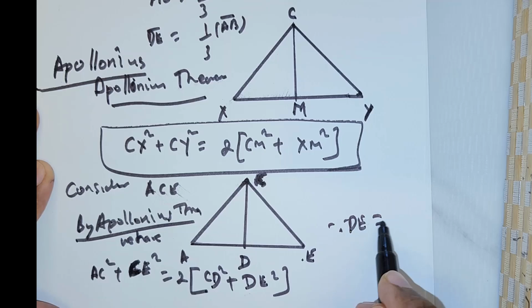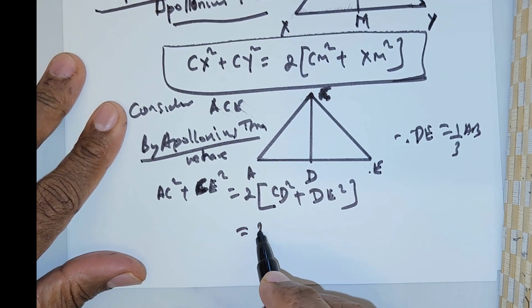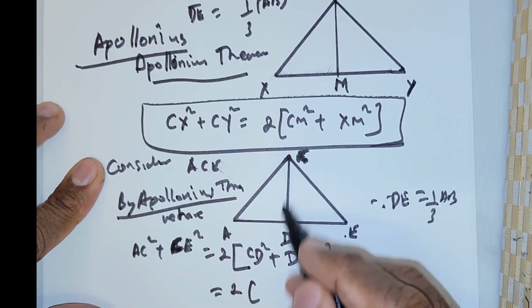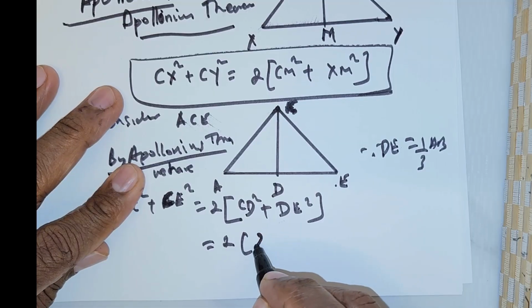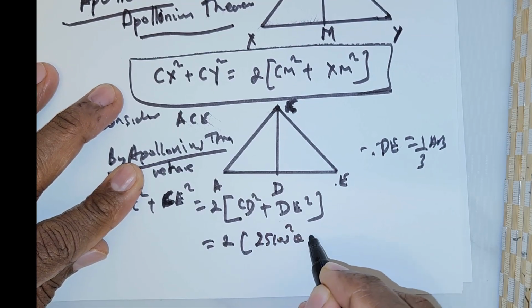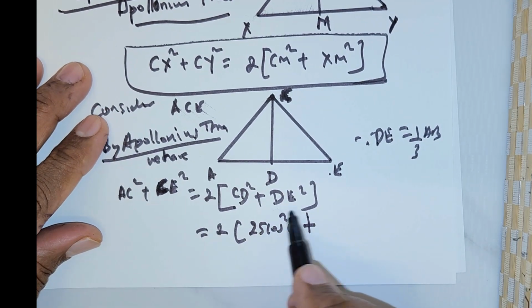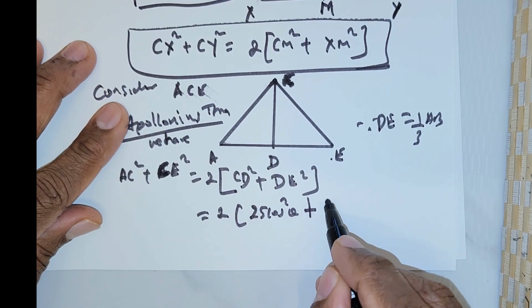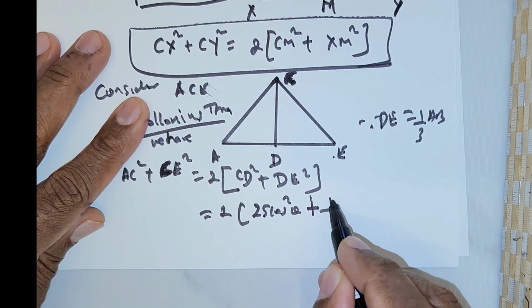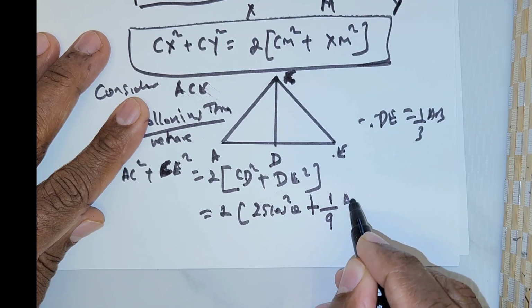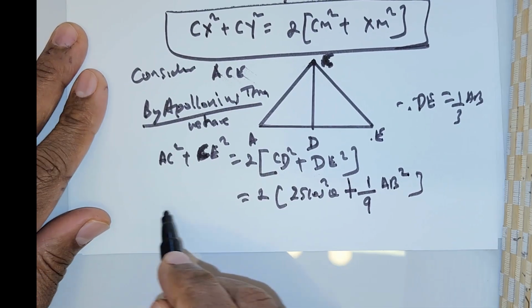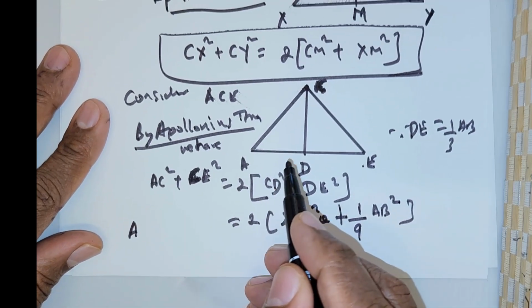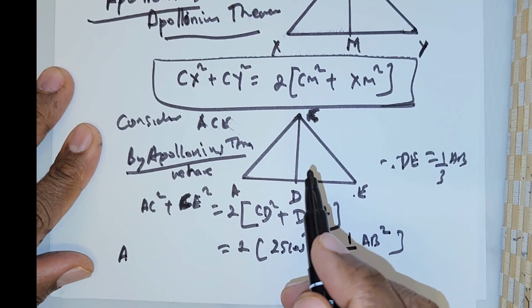But DE is 1/3 of AB. So this is going to be 2 times CD squared. What is CD? CD is 5 cos theta. So 25 cos squared theta plus DE squared, which is the square of this, 1/9 AB squared. So this is AC. Do we have anything for AC?